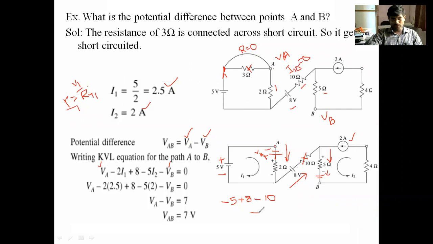Total is minus 15 plus 8, which is minus 7. So from this, VA minus VB minus 7 is equal to 0. So VA minus VB is equal to 7. Okay?